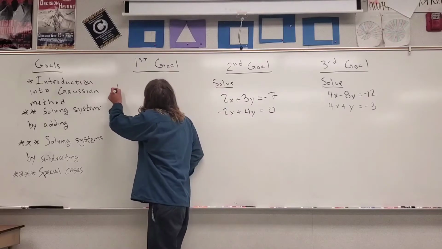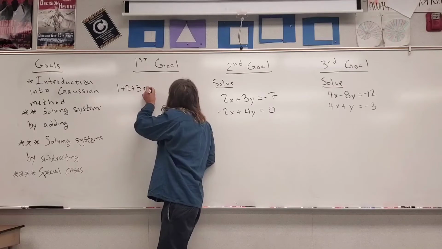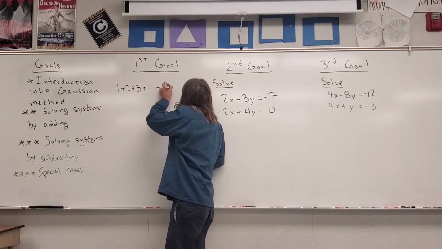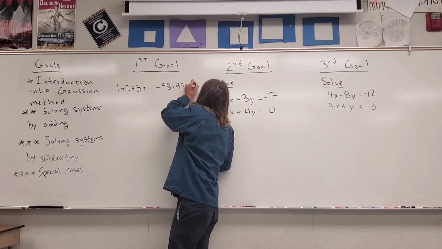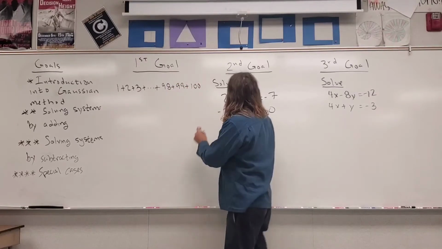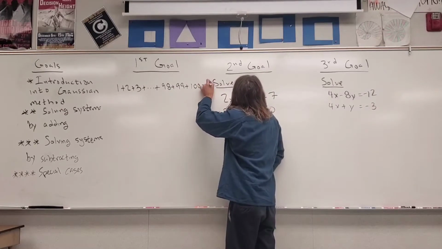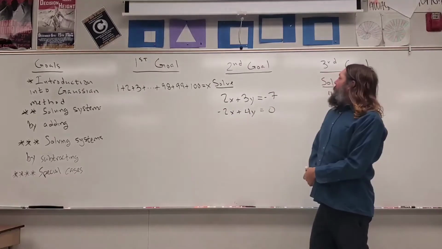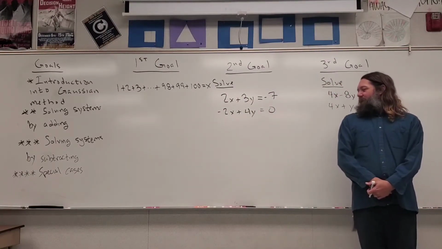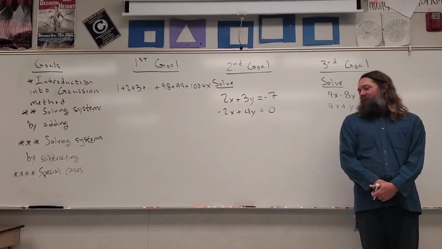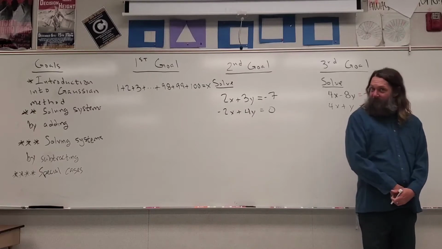Here goes 1 plus 2 plus 3 plus ... plus 98 plus 99 plus 100, and he said that's equal to some number x. Okay? Again, this is a 9-year-old. My nephew's 9. There's such a radical difference between the skill set that Gauss has and my nephew who's 9.